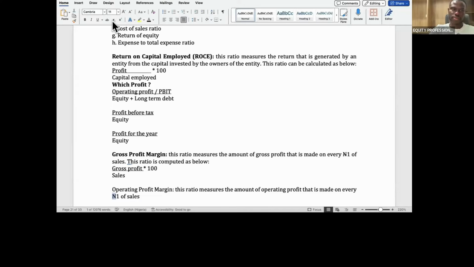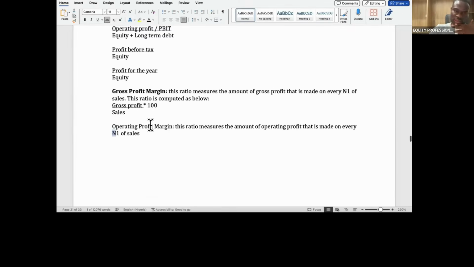So again, similar to this, like I mentioned, this is looking at how much operating profit you are making on every sale. And the ratio looks similar in terms of computation.